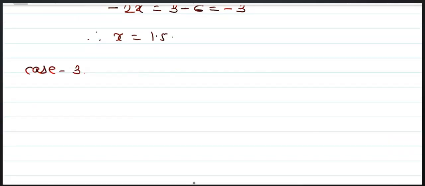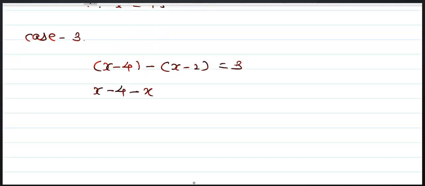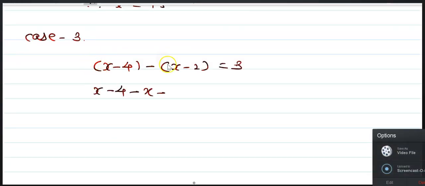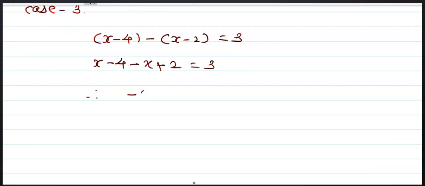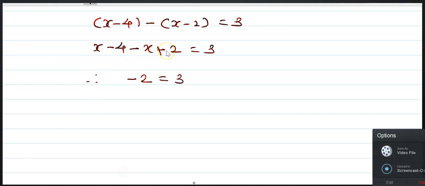Next is case 3. Now one is positive, another is negative. In this case we take the first as positive, second as negative, and simplify it. Then plus x minus x get cancelled, and we get minus 4 plus 2.